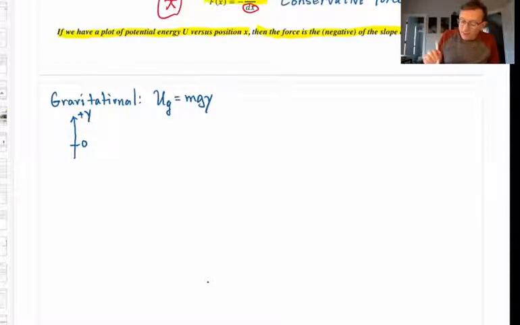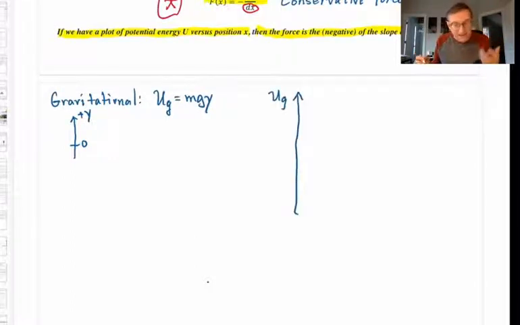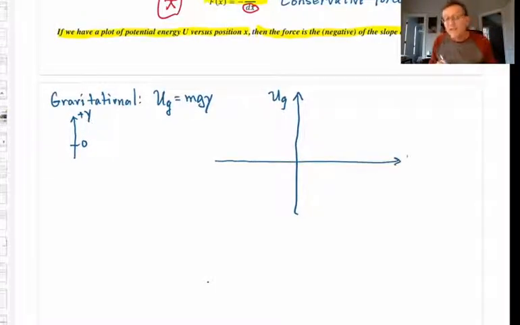So here what we would sketch for our potential energy curve is ugrav on the vertical axis, and whatever the coordinate is for the axis the particle is moving along on the horizontal axis. In this case, it would be y. And then the potential energy curve is just a plot of this function, m times g times y, where the m and the g are constants.